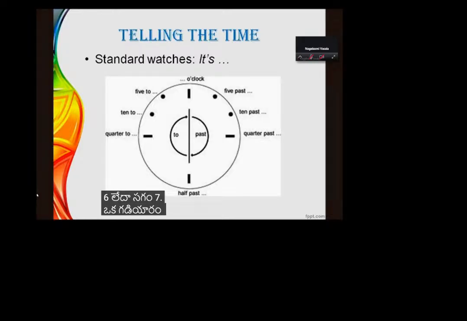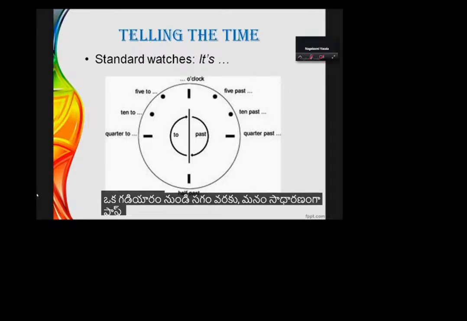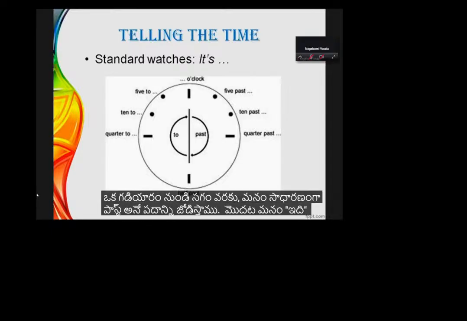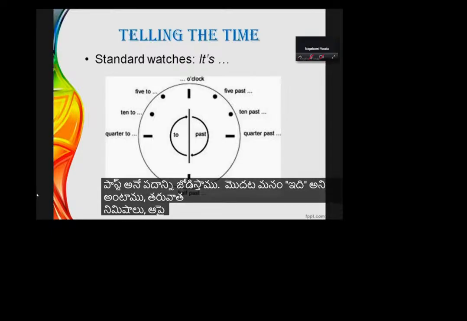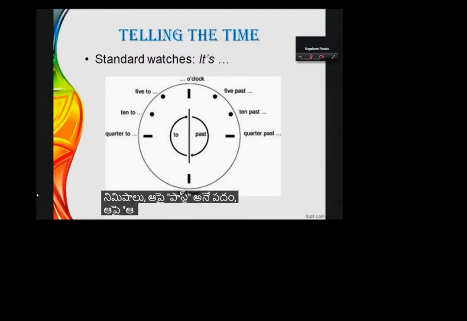From o'clock to half past, we usually add the word past. First we say it's, then the minutes, then the word past, and then the hour. For example, it's 8:05, it's 8:10, or it's 8:15.